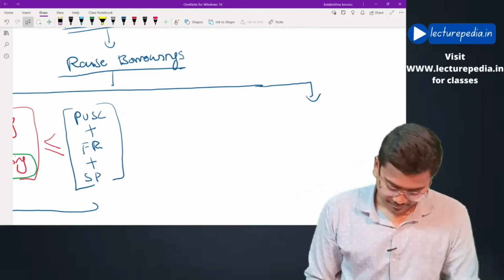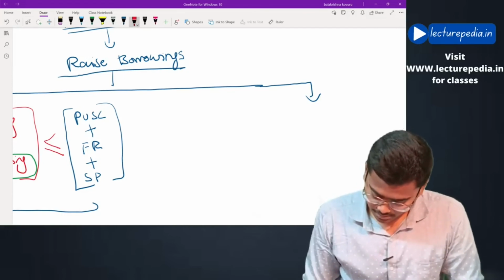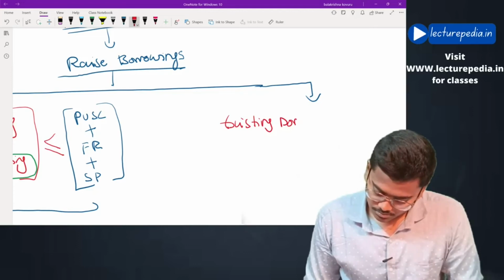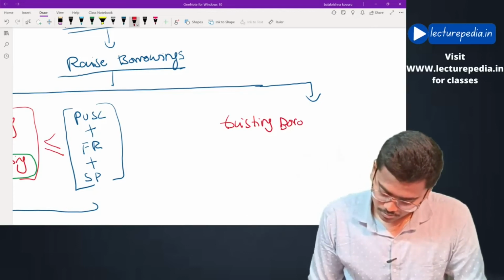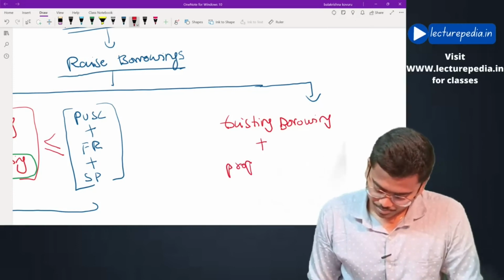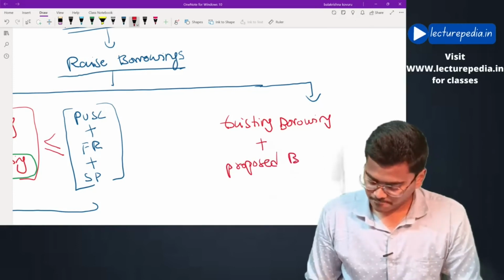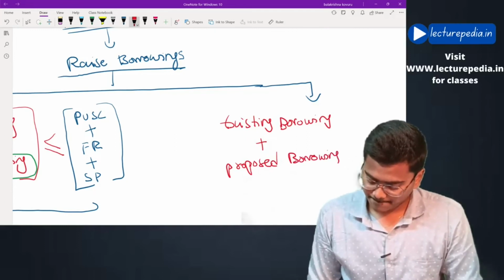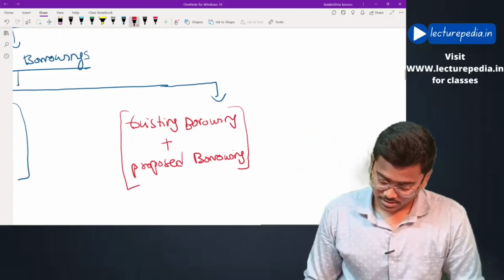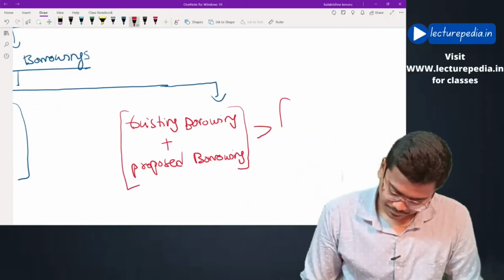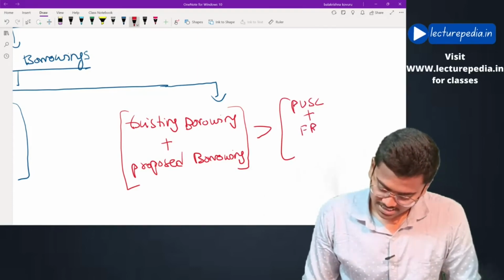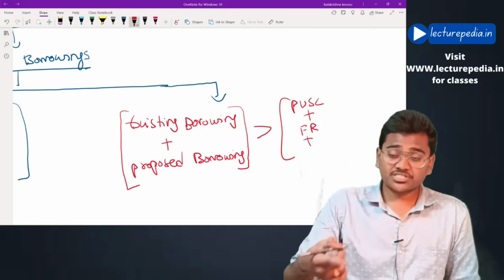Next, if existing borrowing plus proposed borrowing, these two are greater than paid up share capital plus free reserves plus securities premium.